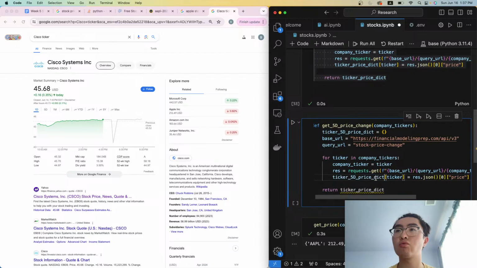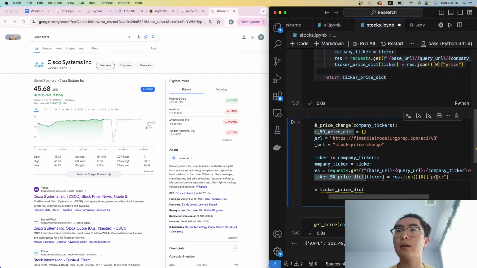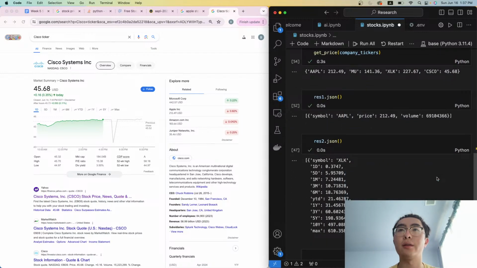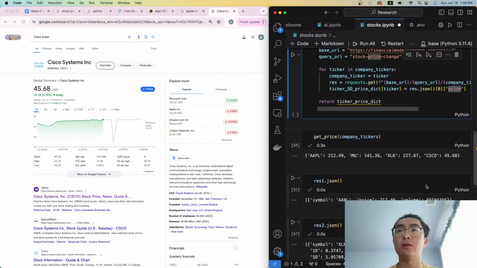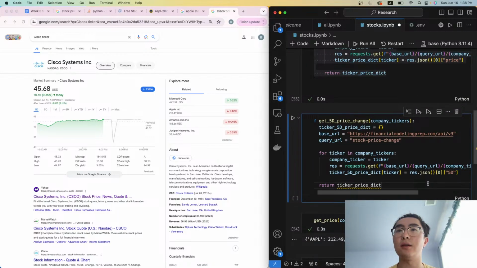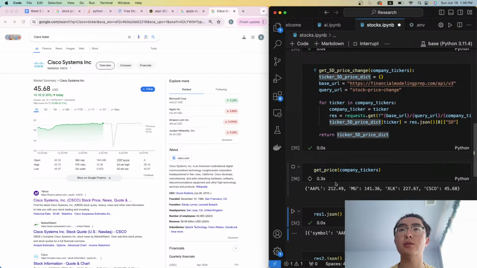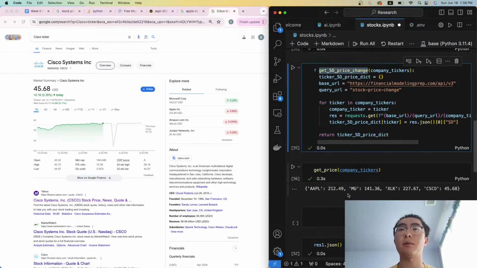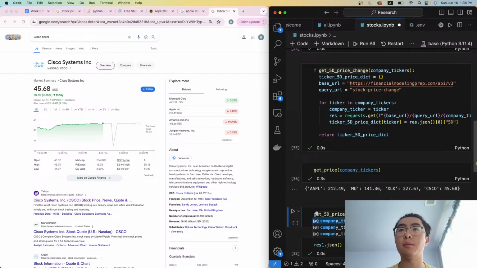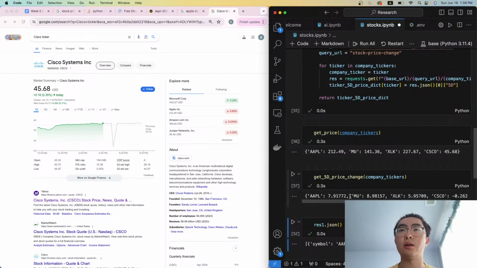And we want the 5-day, so 5D, and then we will return the 5D price ticked. So we have get price, and let's also get price 5D, company tickers. All right.